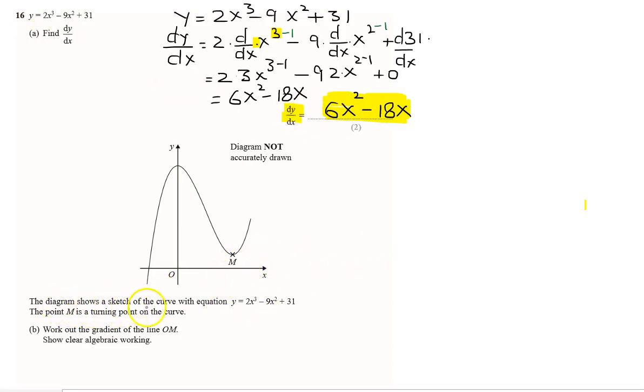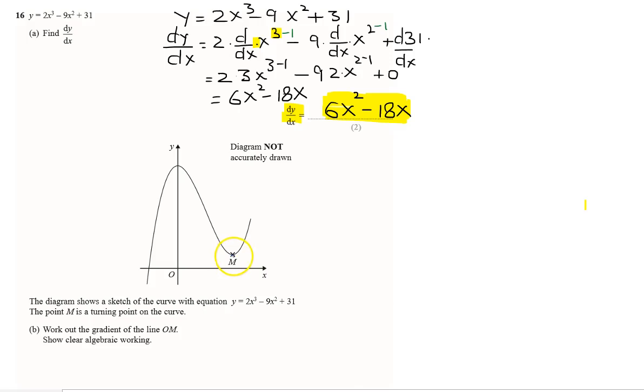The diagram shows a sketch of the curve with equation y is equal to 2x cube minus 9x square plus 31. Work out the gradient of the line OM. Show clearly the algebraic working.